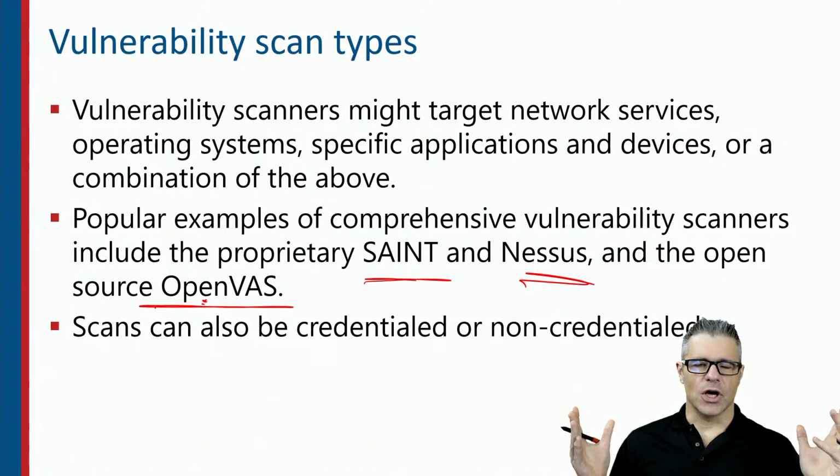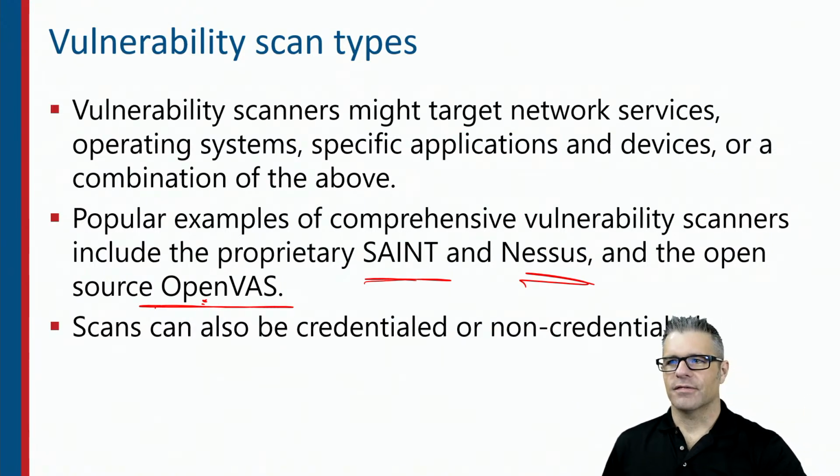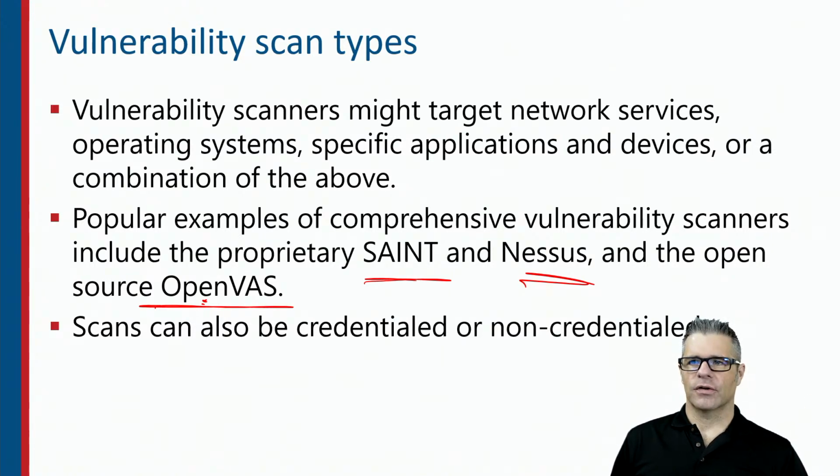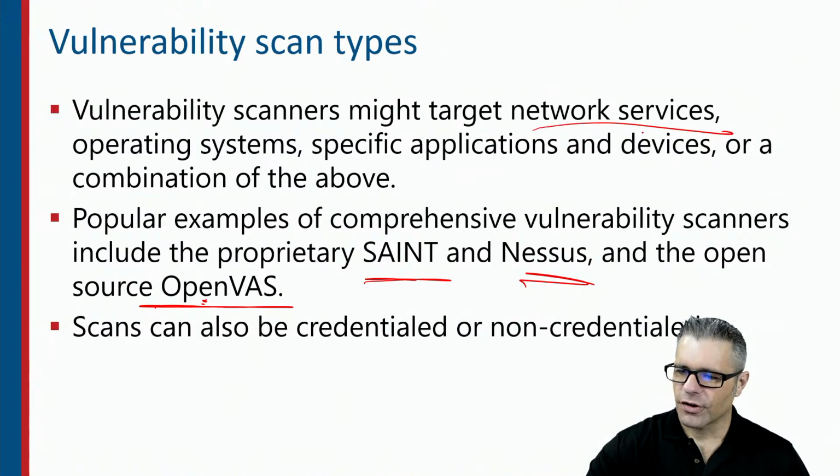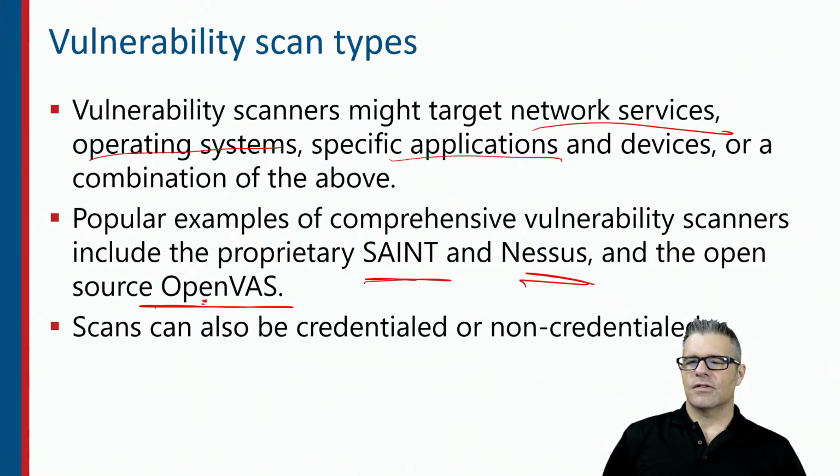OpenVAS works with the openly accessible stuff, kind of the community taking care of folks, although they've got a paid product you can pick up. But they can be specific for various network services, better with different OSs or apps. Some of them, we're beginning to see focused on IoT devices, so things that'll break your Alexas and your Hue light bulbs and that kind of stuff.